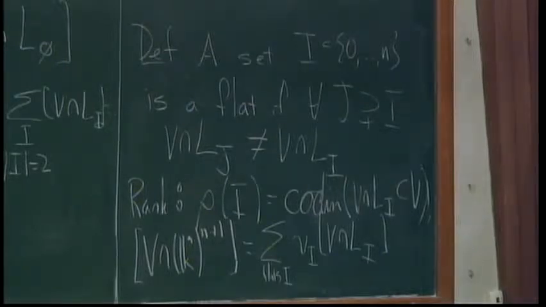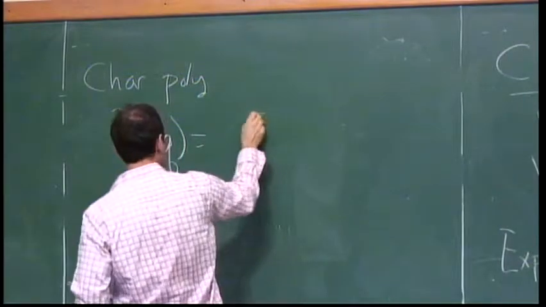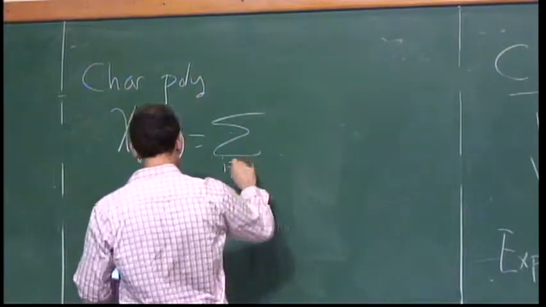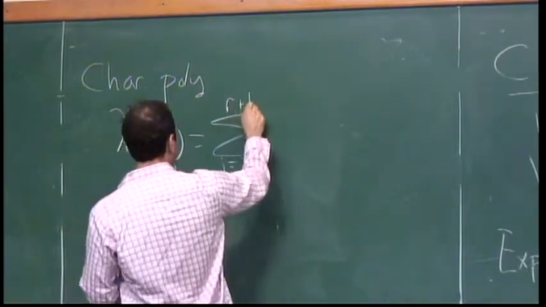And once we have that, we can get a unique expression. And what I'm going to do is condense this expression into a polynomial called the characteristic polynomial. So the characteristic polynomial of this subspace is a polynomial in a variable q, and it's defined to be the following.